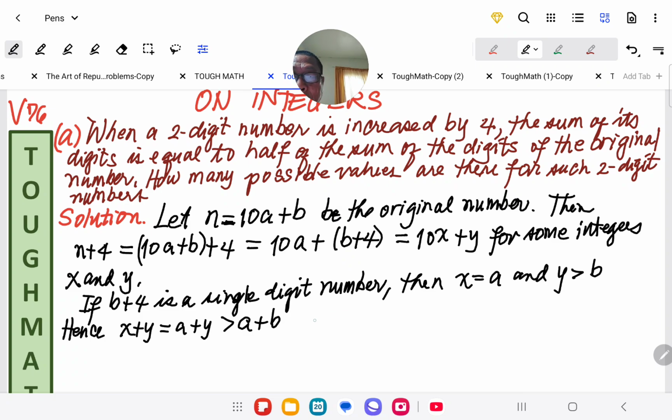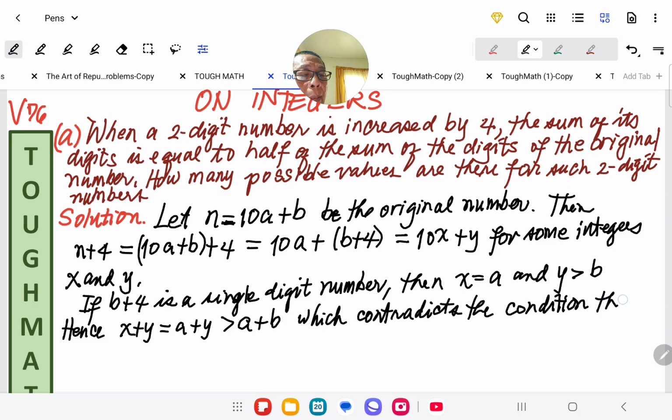And since y is greater than b, we have a plus y is greater than a plus b, which contradicts the condition that the sum of the new digits is equal to one half of the sum of the original digits.